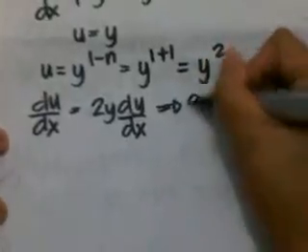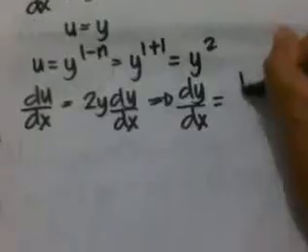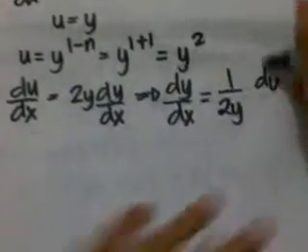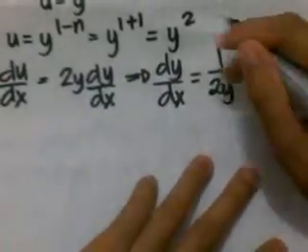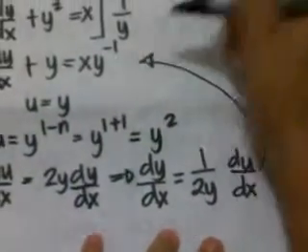The value of dy/dx is 1 over 2y du/dx. So this value of dy/dx will be substituted into the standard form.